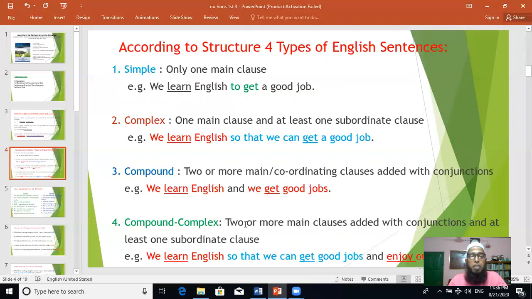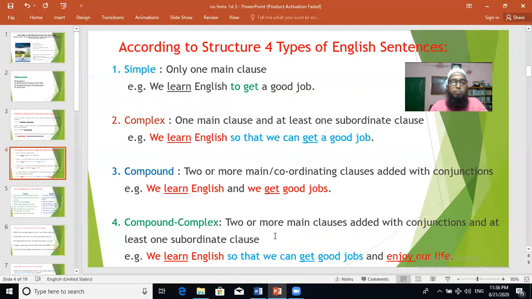Now, compound complex. If we find in any sentence two or more main clauses added with conjunctions and at least one subordinate clause, then it is compound complex. This sentence has the nature of both compound and complex, because two or more main clauses added with conjunctions is the feature of a compound sentence, and the presence of at least one subordinate clause is the feature of a complex sentence.